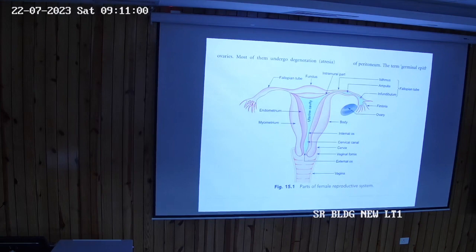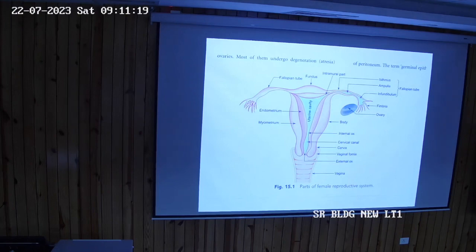The ovaries are attached to the posterolateral aspect of the broad ligament of the uterus, and they are covered by peritoneal folds. These peritoneal folds are attached to the broad ligament of the uterus.